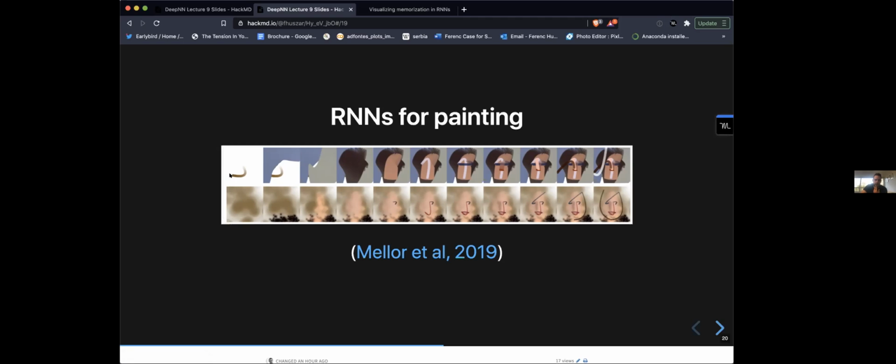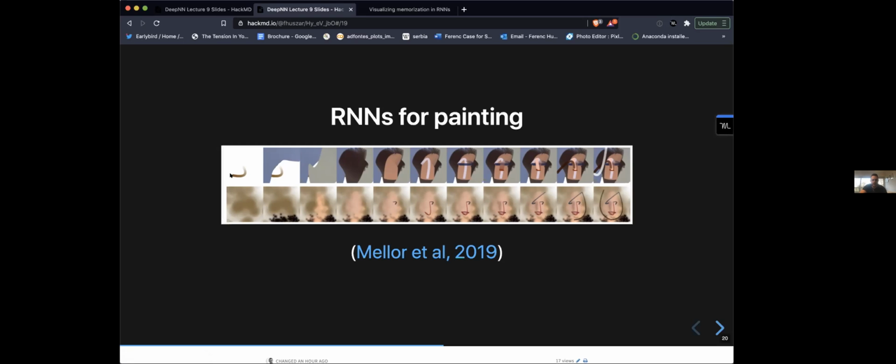You start from a blank canvas, and then you add individual brush strokes or individual curves as you are creating that image. So you can describe the picture that you're creating in terms of the sequence of operations that you are doing to the image, where each of the operations is a particular brush stroke.